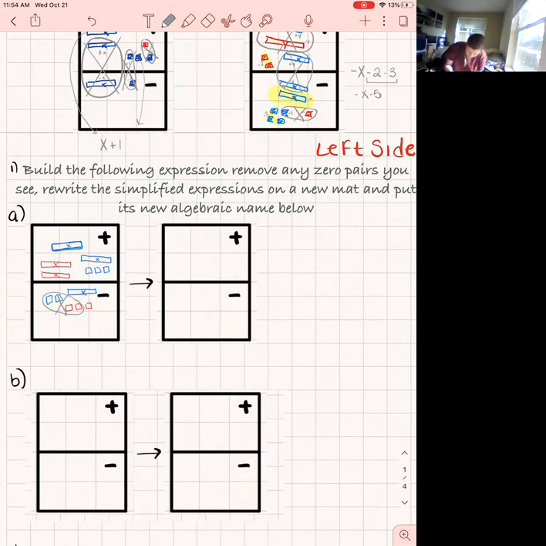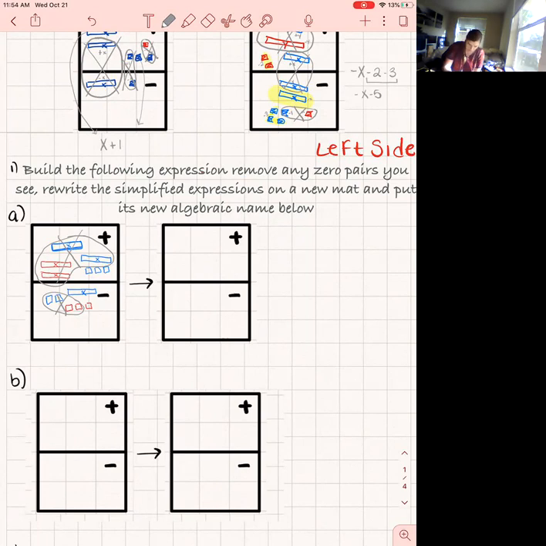I also can pair up these X tiles, because those are also different colors, same side. So all those X tiles are gone. I don't see any other zeros. I can't combine those unit tiles because those are different color, different side. That's not one of our zeros.